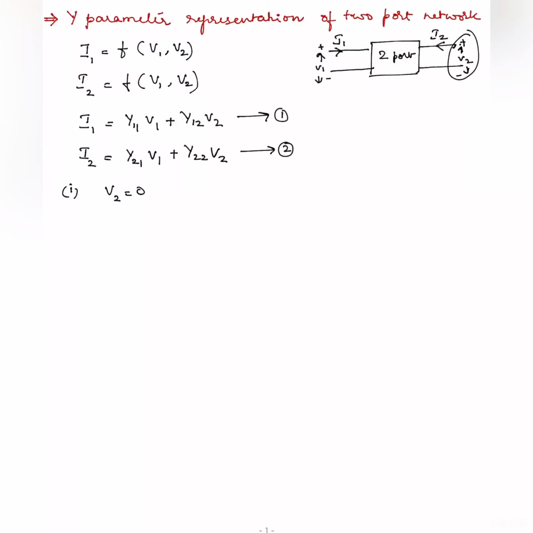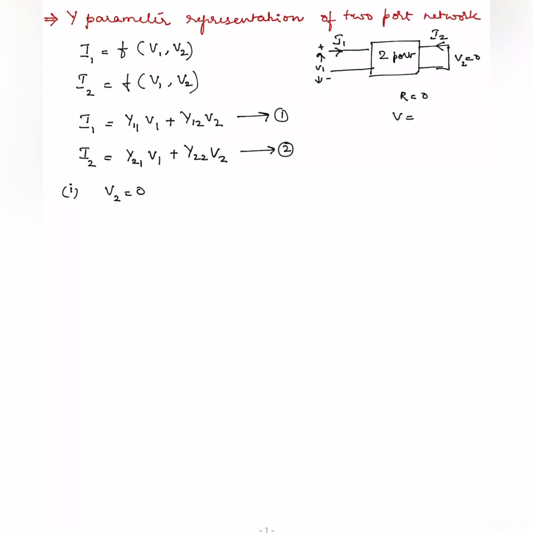In order to make V2 zero, we should short the output terminal, like this. Now why should we short the output terminals? Because when you short the output terminals, the resistance of the output terminal is 0, or impedance, or whatever you want to call it.